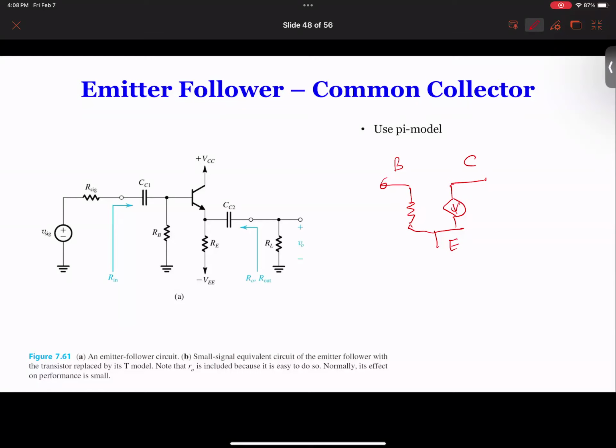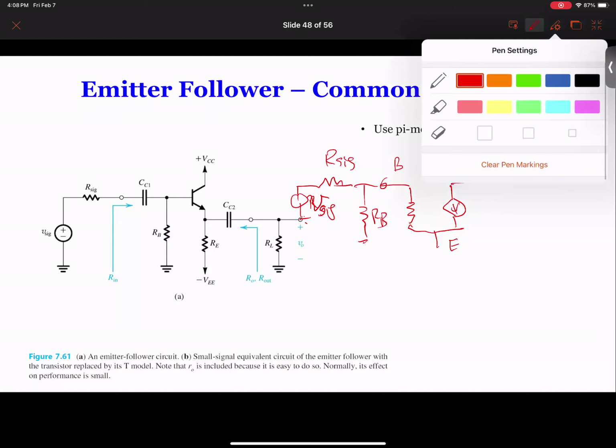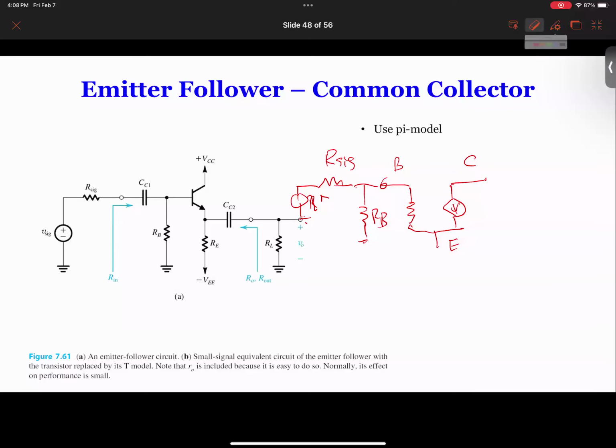So we have one connect to ground, and then we have one... I'm sorry, my writing is not that good.